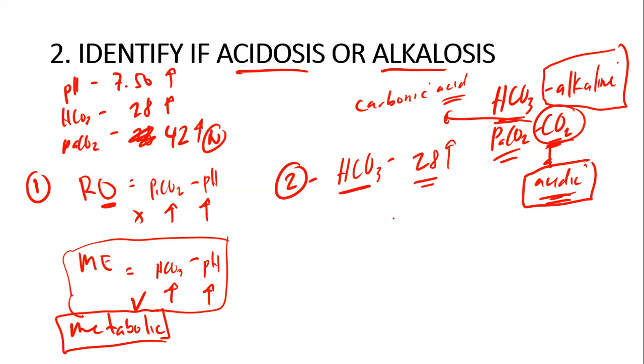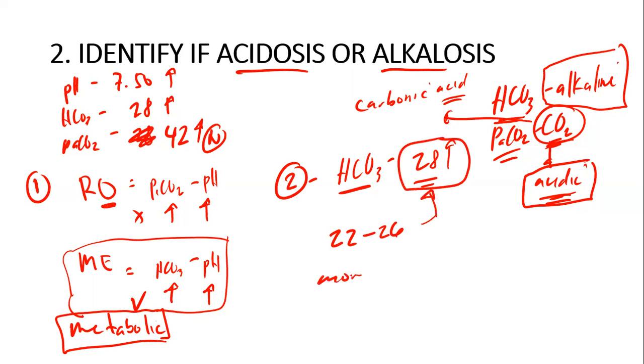So in this step, I am not using pH to determine the acidity or alkalinity. I'm looking at the bicarb or the PaCO2 level. So I know that by nature bicarb is alkaline. My normal bicarb result is 22 to 26, right? So my result is 28.